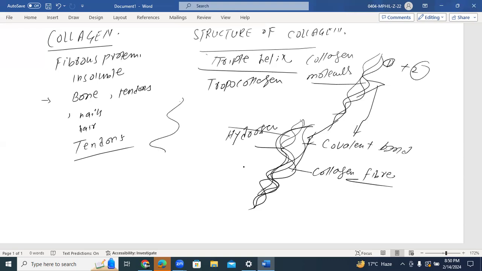We have studied the helices. These helices combine with one another to form a collagen fiber, right?